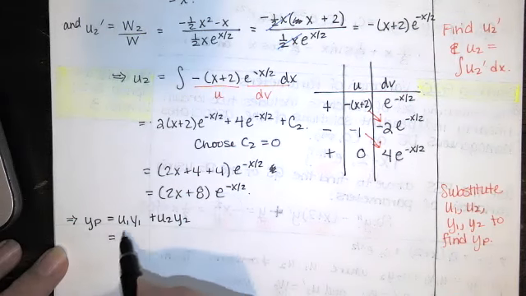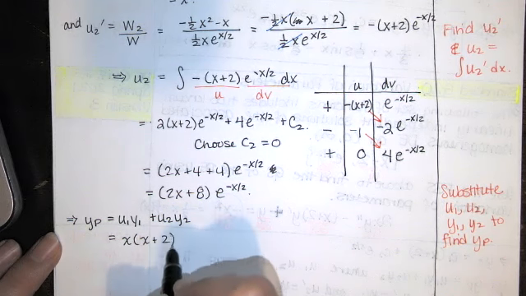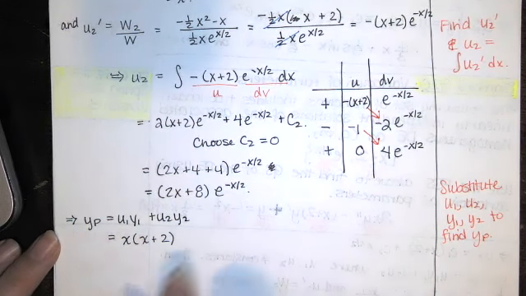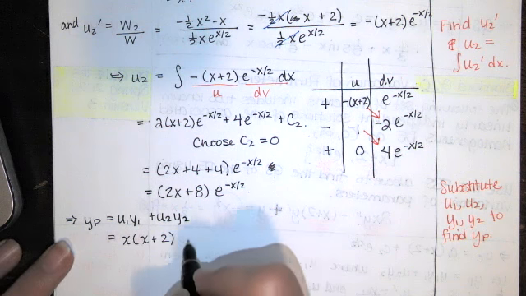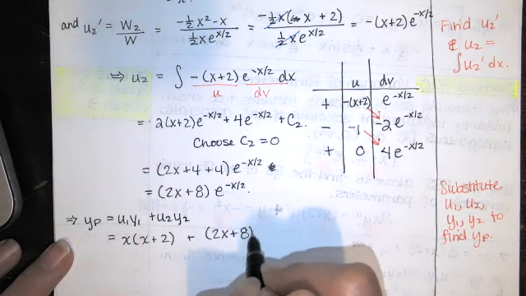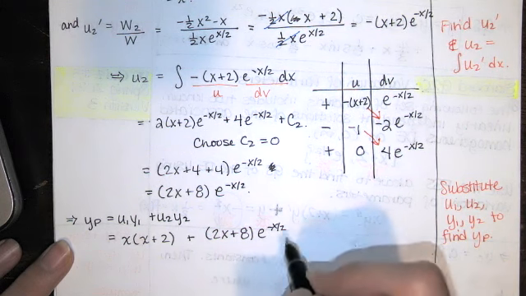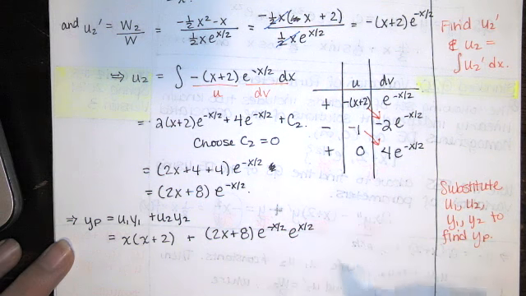Now u1 was just x. Now y1 was x plus 2. Don't forget your parentheses because you're going to have to distribute that x. Then we're going to add u2, which is 2x plus 8 times this exponential, times y2, which was this exponential.